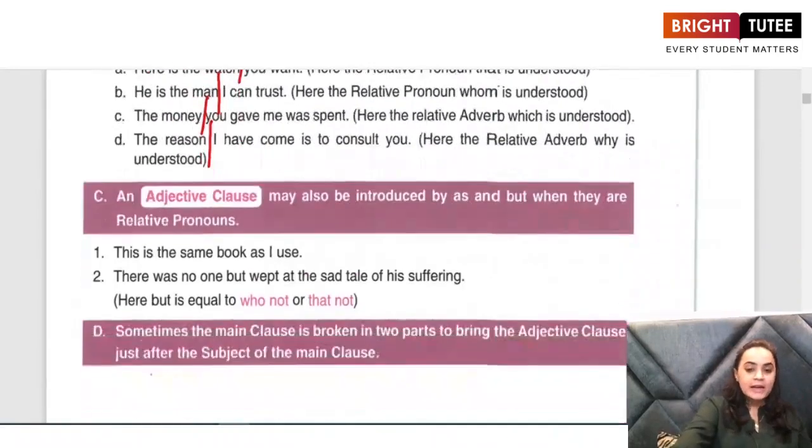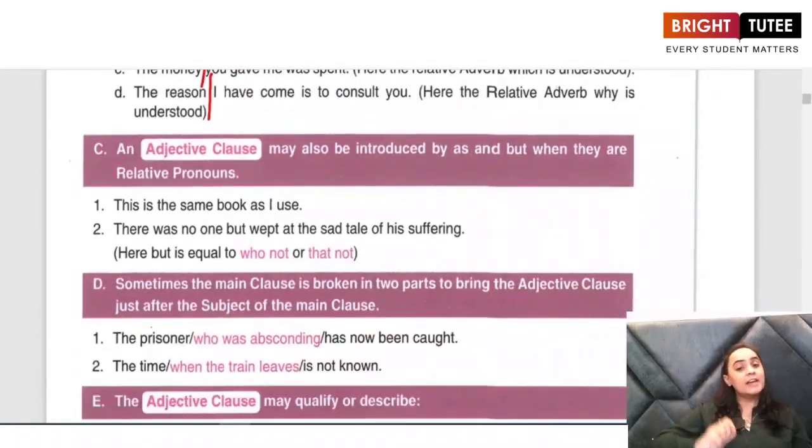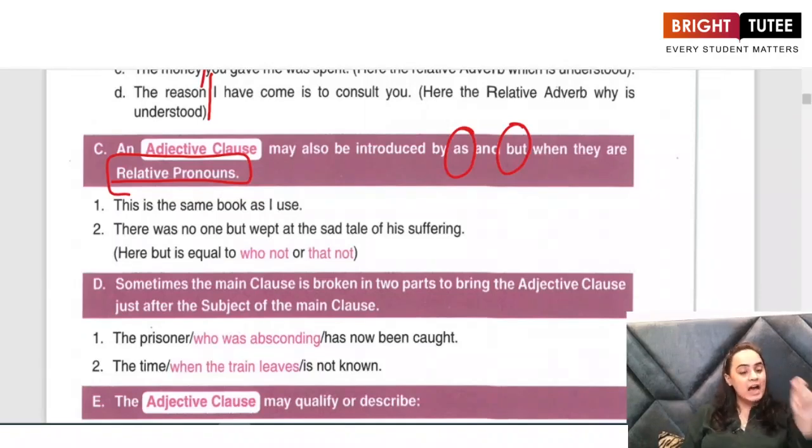Now, an adjective clause can also be introduced by using as and but when they are relative pronouns. Only when they are relative pronouns can I replace my relative pronouns, or can I introduce my adjective clause using as and but?